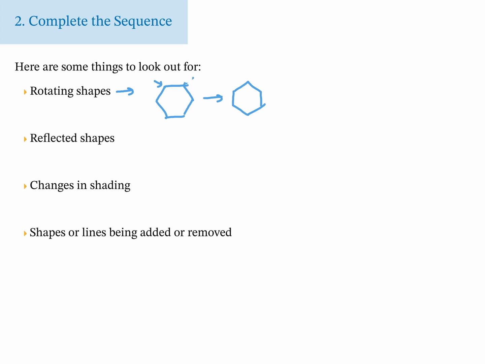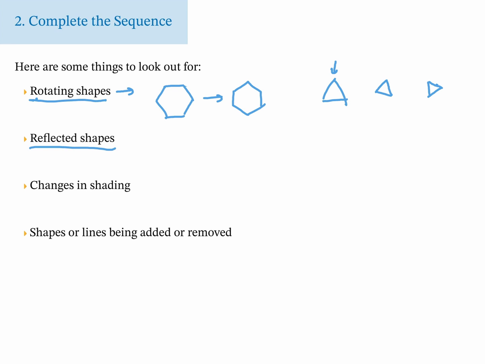This is something that we can often see, and we might notice that the rotation occurs over much larger steps. So we might notice that in the first box, for example, we've got a triangle with one of its edges pointing up. Then maybe it rotates just a tiny little bit clockwise in the second box. Then in the third box, it rotates a bit more. And then in the fourth box, it continues rotating and so on. We need to look out for rotating shapes.